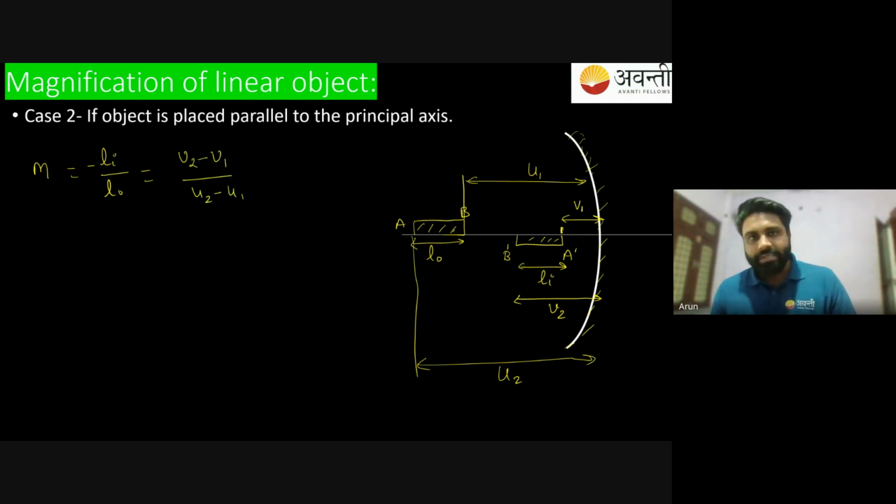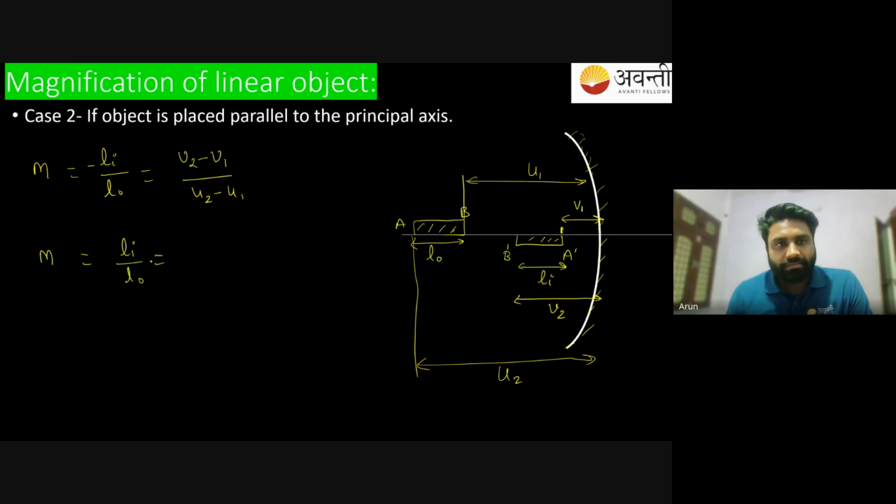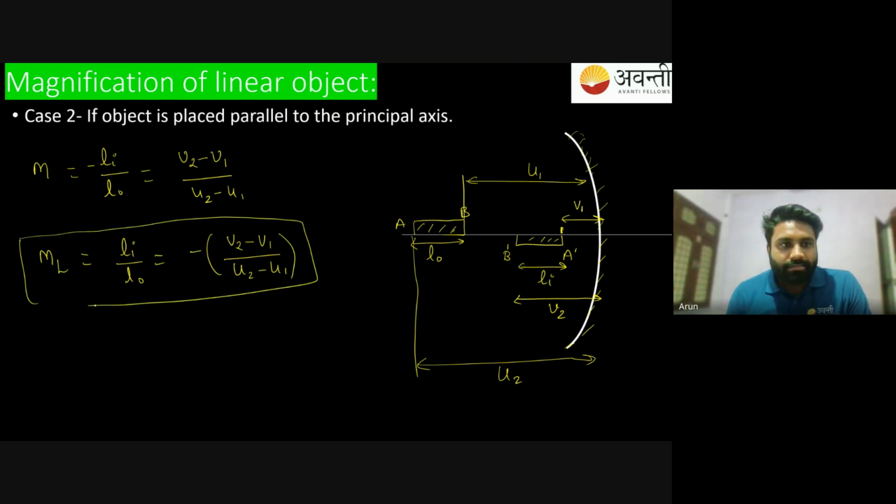Same as the previous one. So we can say here that M is equal to Li over Lo, which is equal to minus of V2 minus V1 divided by U2 minus U1. Got it? This magnification is termed as longitudinal magnification.